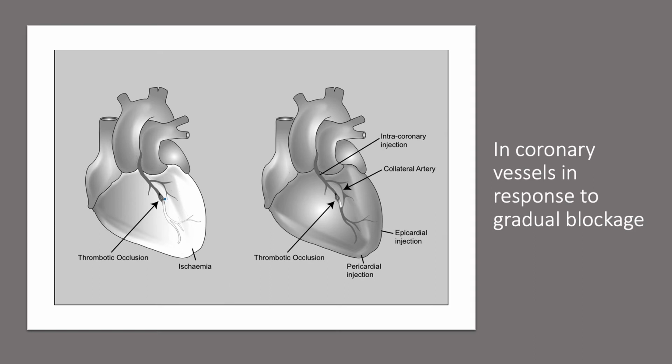Here we see this occlusion, and then over time we get this collateral artery that is essentially rerouting around this occlusion. So it provides an alternative blood route, and we call that a collateral artery. The collaterals then bypass the area of the narrowing and help restore normal blood flow to the heart. Pretty cool.